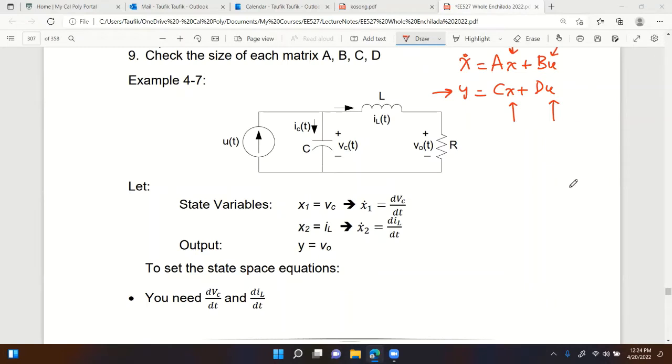Somebody? How many inputs do we have for this circuit? Somebody answer? Just the one input. Okay, how many state variables? 2 state variables. Very good.